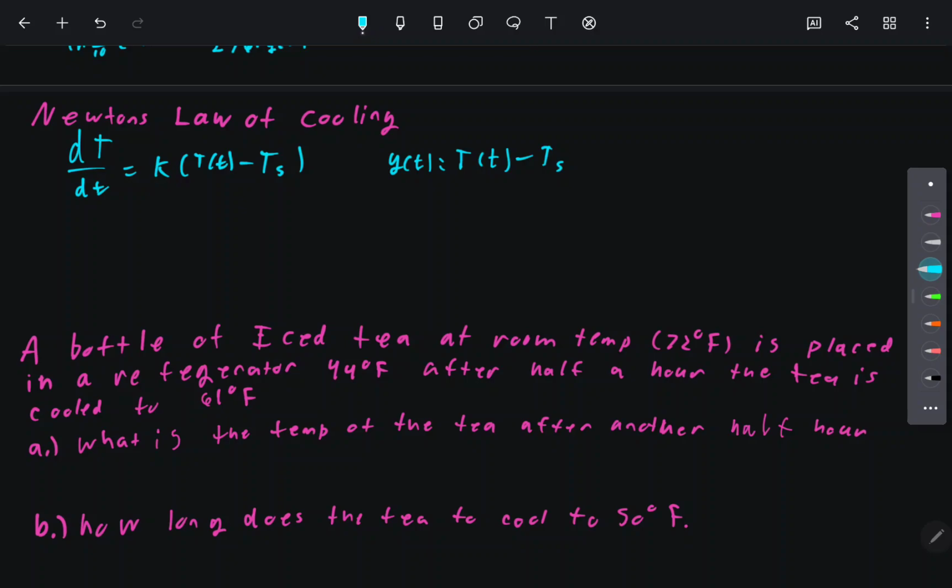Then we are going to take the derivative of this with respect to t. So we get y prime of t is just equal to T prime of t, because this T of s is just a constant, really.